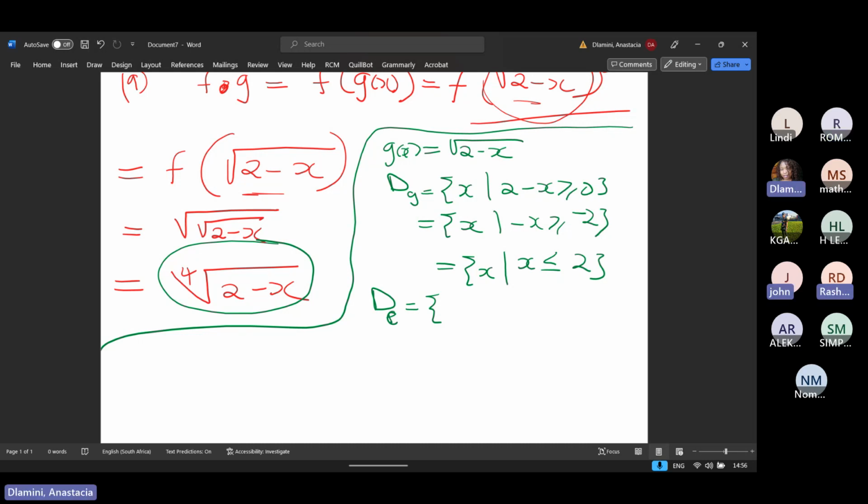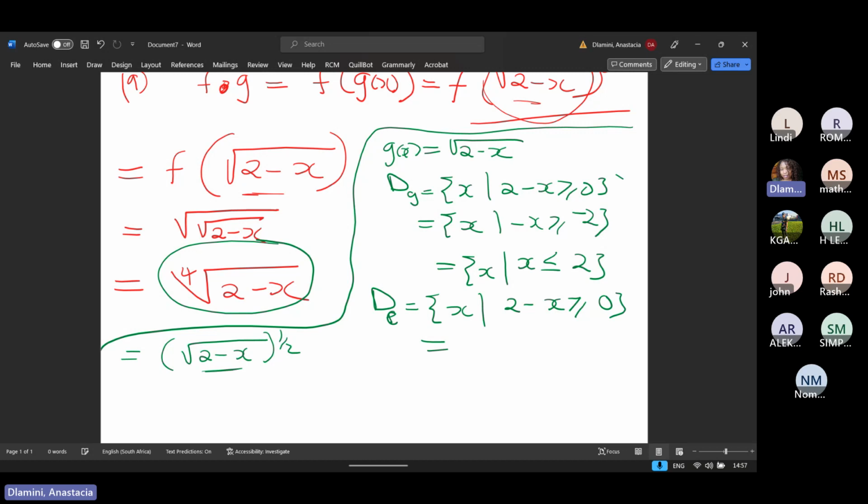It's because it's a root. You can write this function like this, and write it to the power of 2. So here you have a square root. Anything under the square root should be greater than or equals to 0. So that's why it's x such that 2 minus x is greater than or equals to 0.